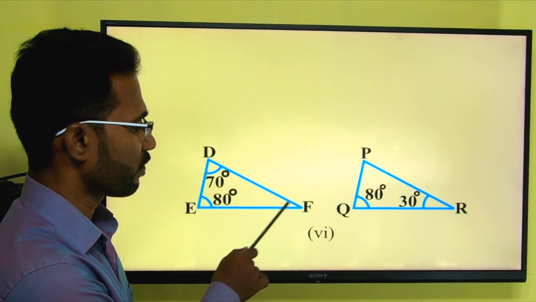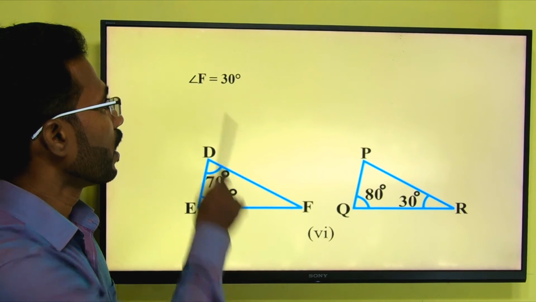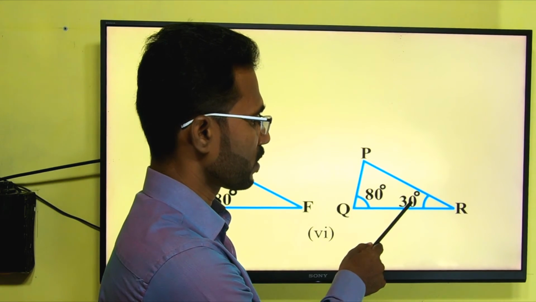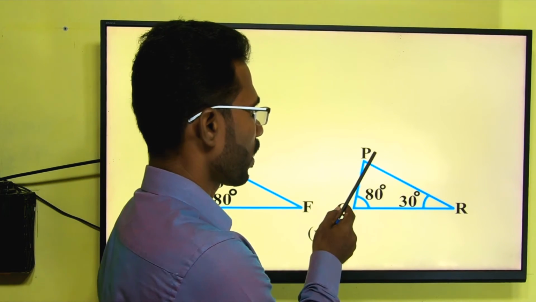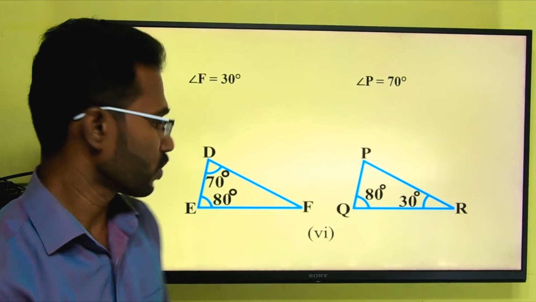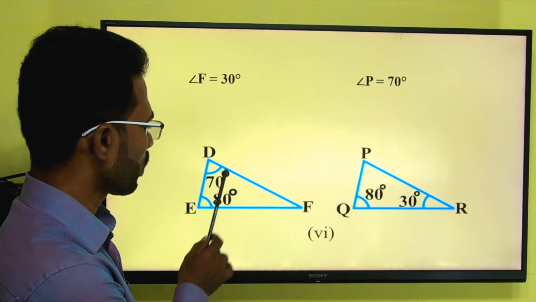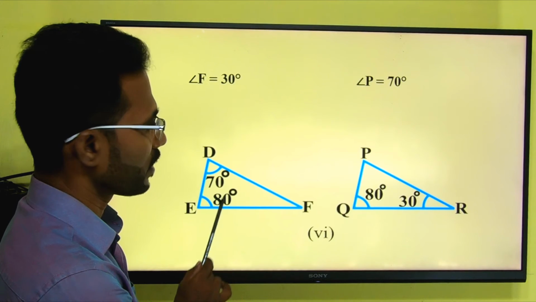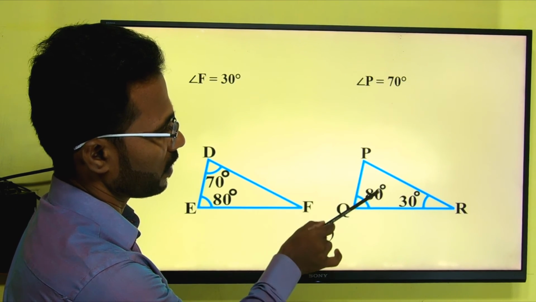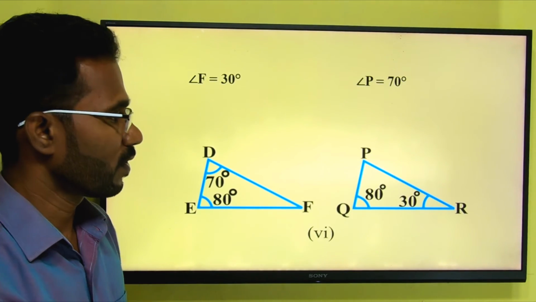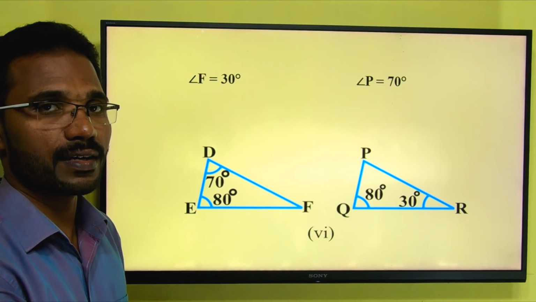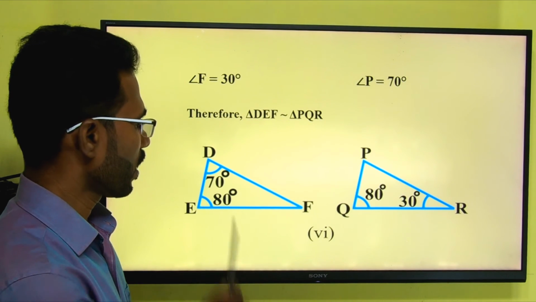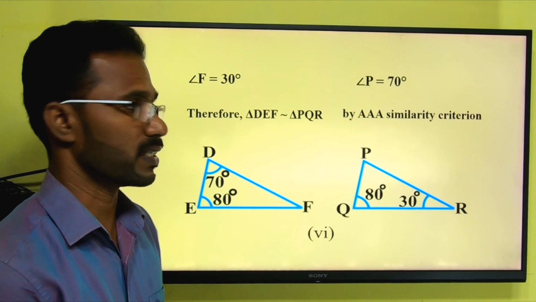So 80 plus 30 is 110, therefore angle P must be 70 degree. So the angles are 70 degree, 80 degree, 30 degree, and all the angles are equal. Therefore, this is a similar triangle by angle similarity criterion.